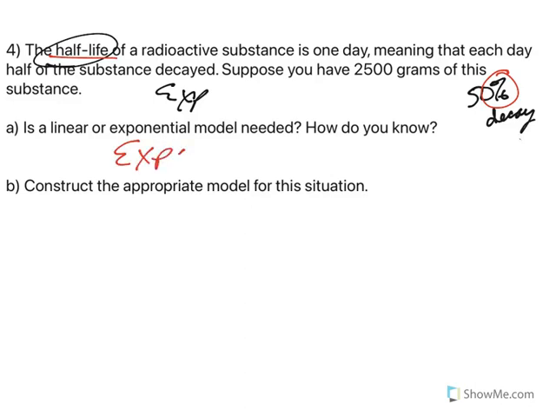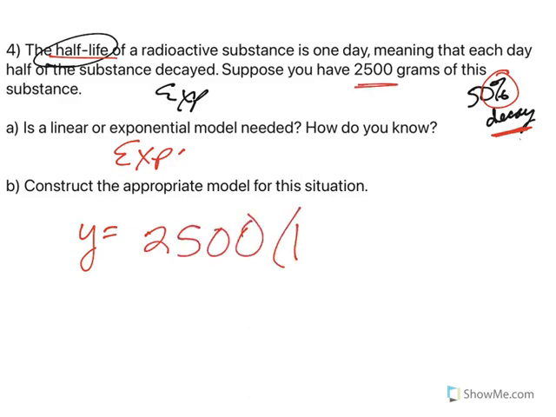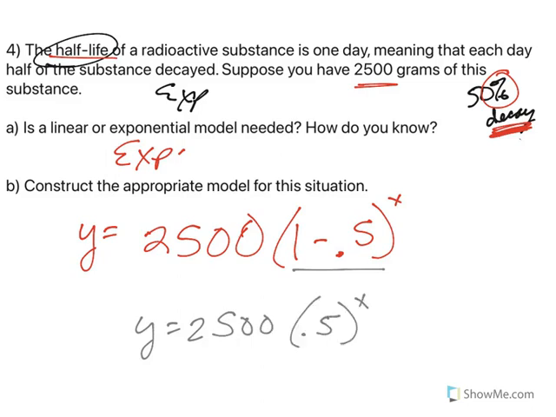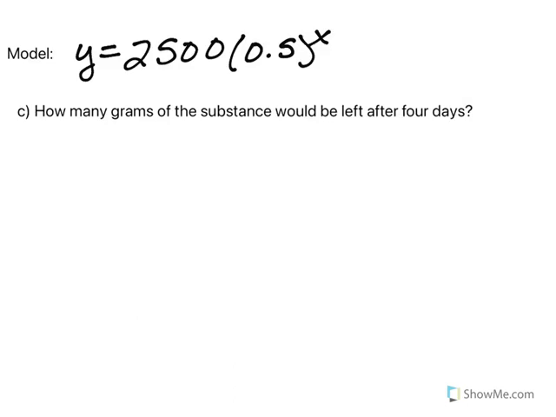Now that I know that, and we know it's decay, we are going to do our exponential model of y equals initial value, 2,500, times 1 minus, because it's decay, 0.5 raised to the x. Simplify inside, so y equals 2,500 times 0.5 raised to the x. So half-life gives me a 0.5 in the middle. So we have our formula.